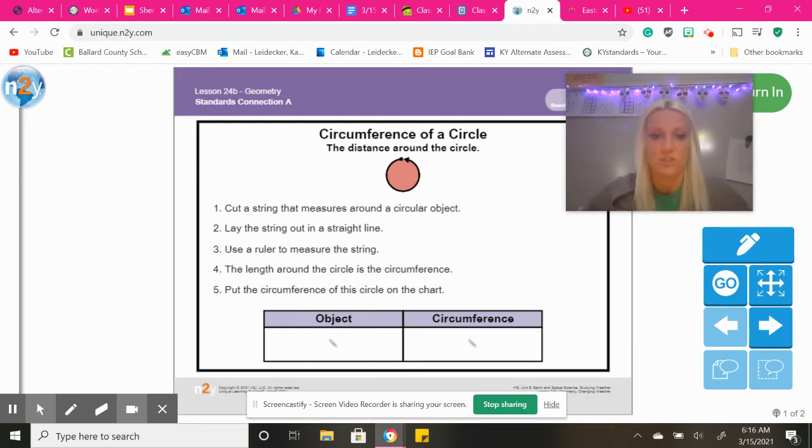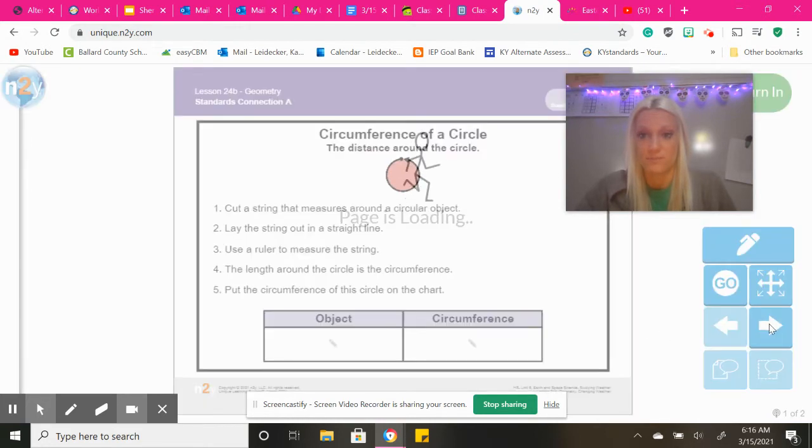Lay the string out in a straight line, and we're going to measure the string laid out as a straight line. Then the length of the circle is the circumference. So all the way around the circle is your circumference. So you would type your object here, like we would put pizza pan, and you all then tell me what you measured with your object and what your circumference was.